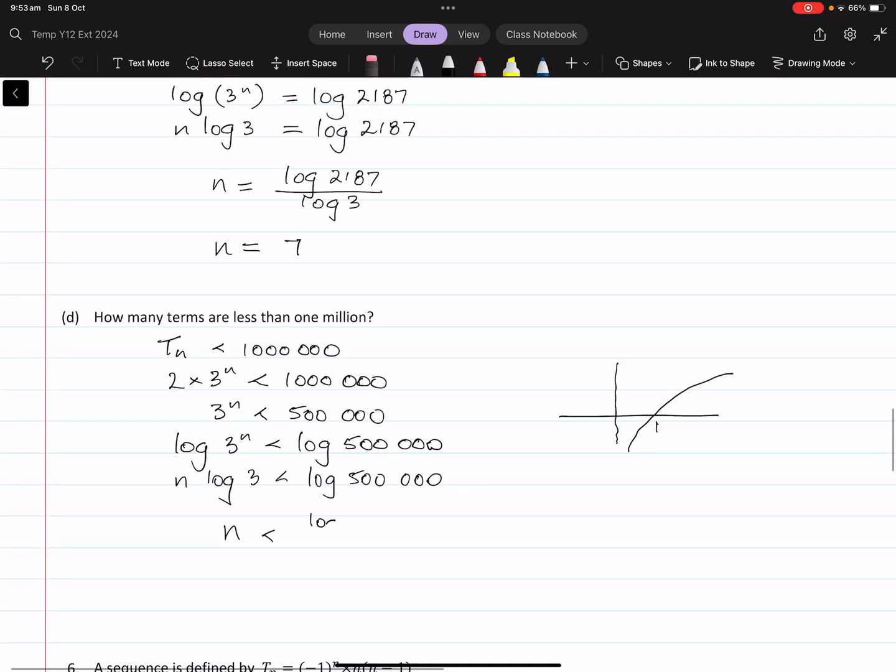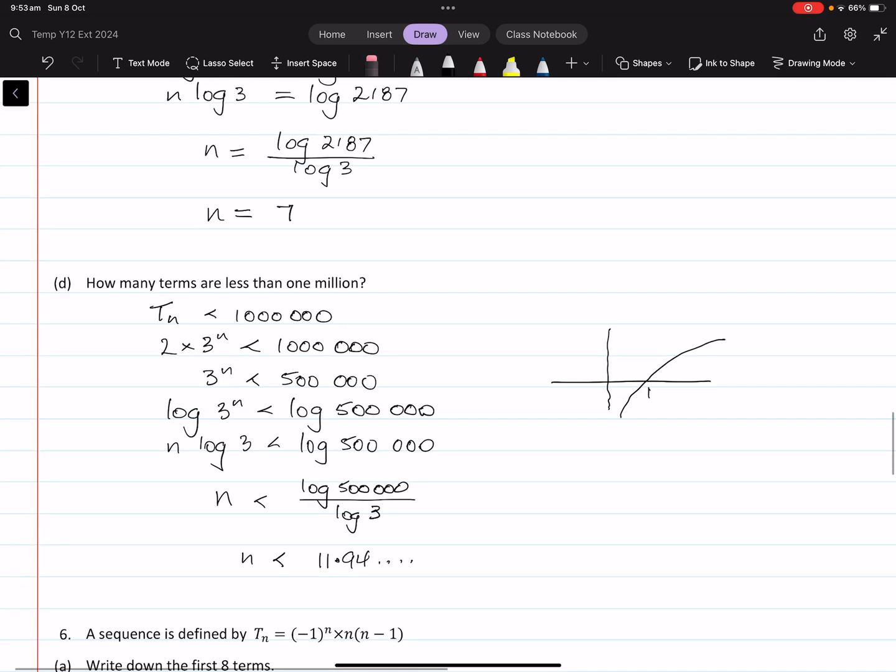So I get log of 500,000 divided by log of 3, and so n comes out to be less than, when you calculate that, 11.94 and so on. And so therefore, it will be 11 terms.